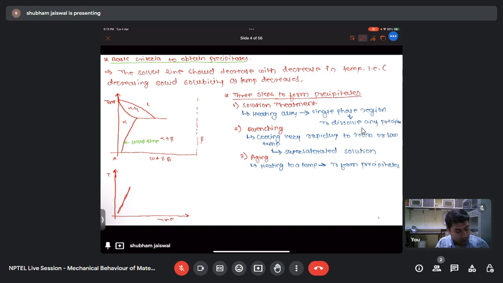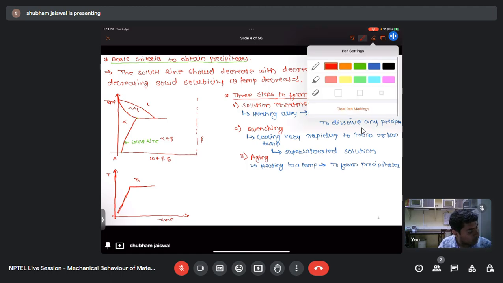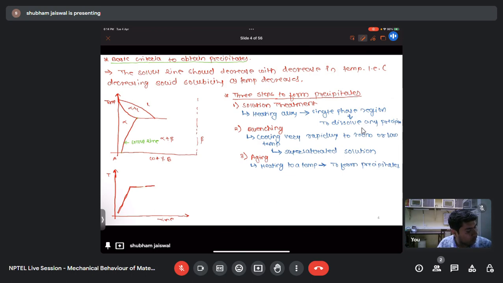First, we will heat it to a temperature T naught in the single phase region, and we will hold it there for some time so that we get a single phase.